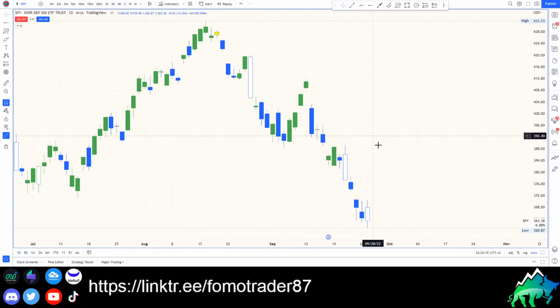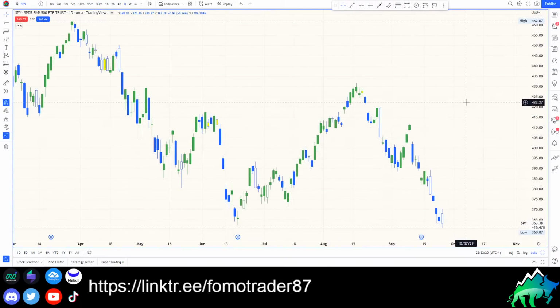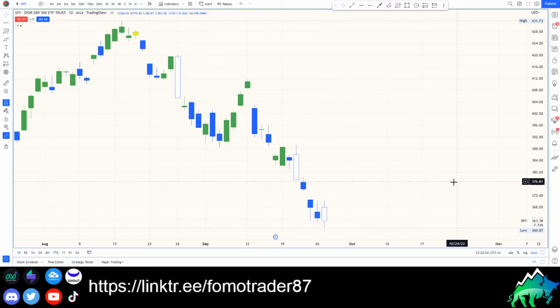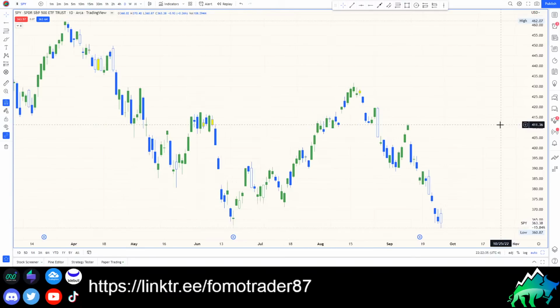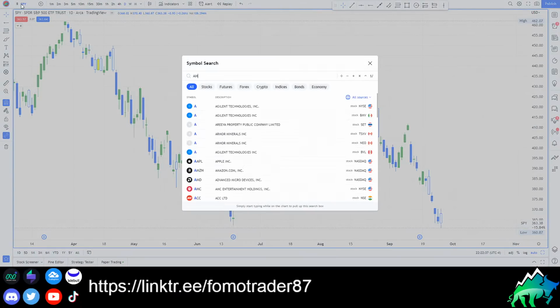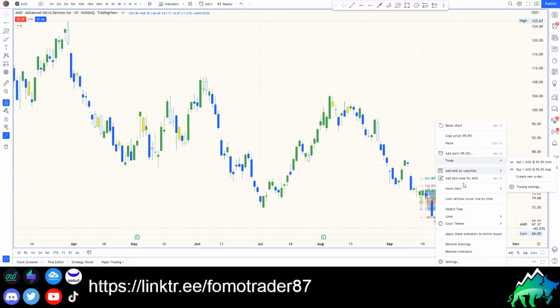It did come in with new yearly lows. Big outside day. We are kind of sitting about 1/3 of the way in the middle of this candle. And we have AMD outside day as well.